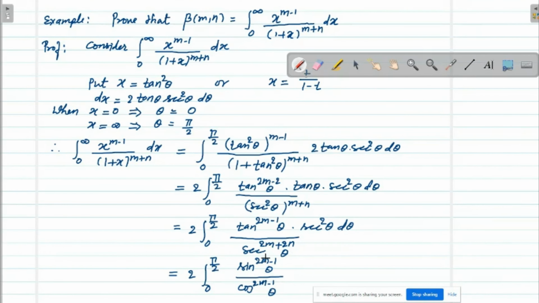Then this can be written as, here 1 upon sec is cos.